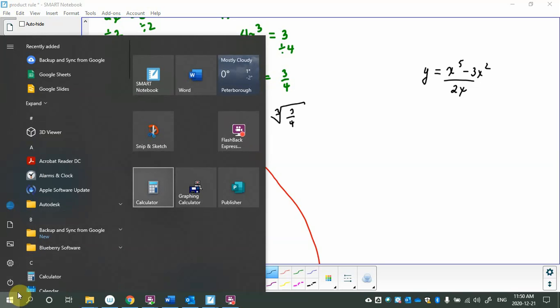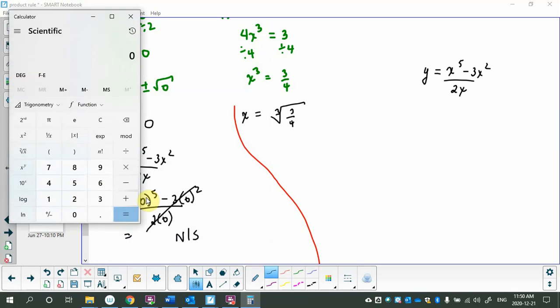So this is not necessarily a question you would get going to a school that doesn't let you use a calculator. But I have to do 3 divided by 4 equals, and then I need the cube root, so I don't know if I have that button. Where would it be?